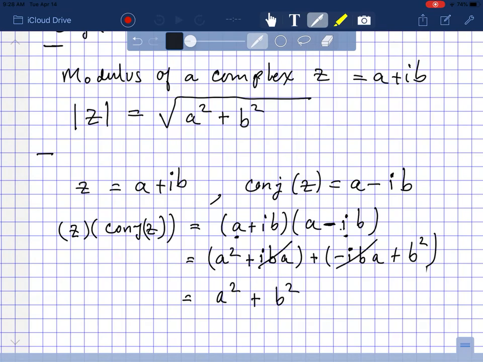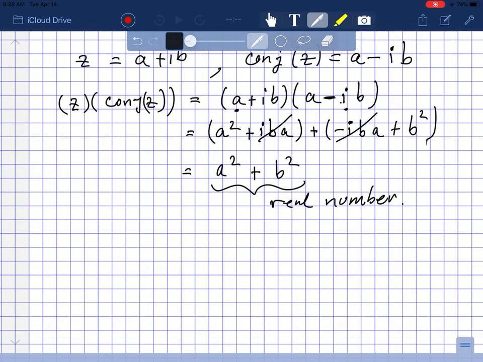These two terms cancel out. So when I take a complex number z and I multiply it by its conjugate, I get a real number. Okay? And in fact, the real number that I get is the number that appears underneath the radical sign here in the definition of the modulus of the complex number.